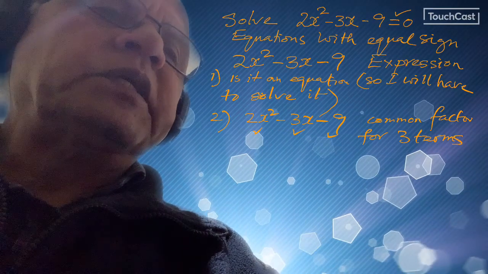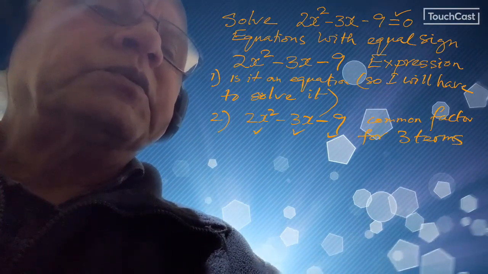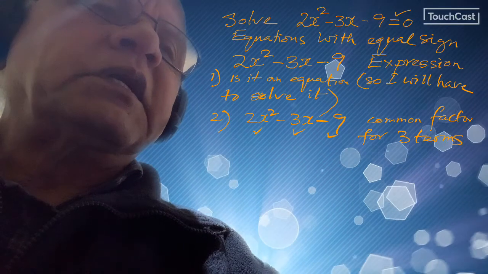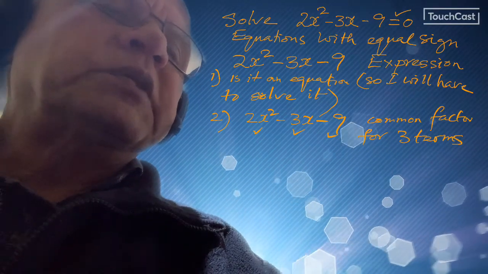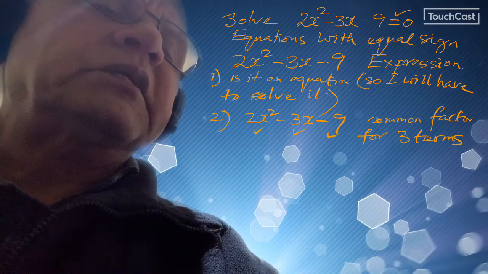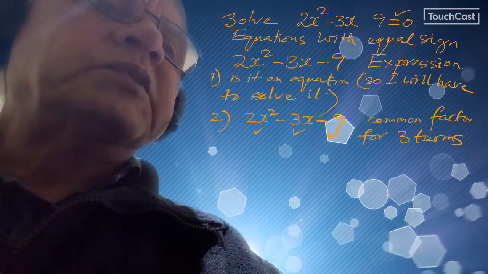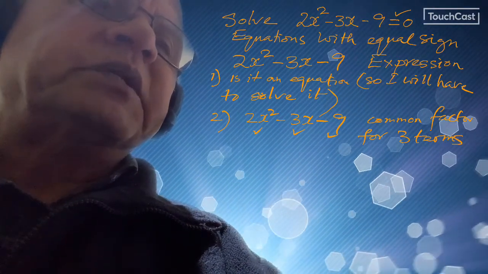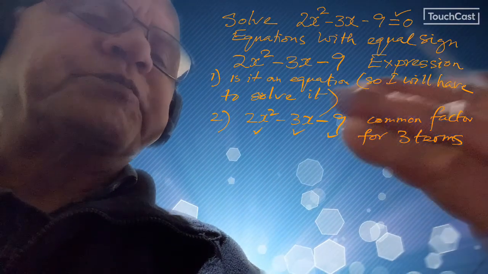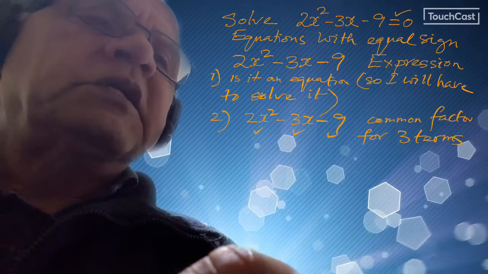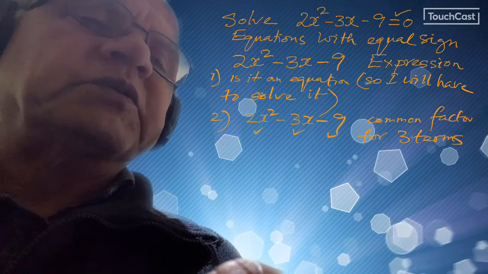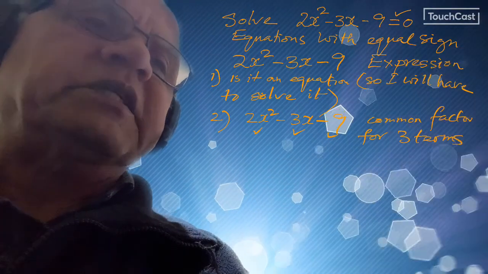So I can see 2 goes into 2, but 2 doesn't go into 3 and 9. So we do not have a situation. Yesterday we were talking about moderately difficult sort of equation solving. So that's not the case over here.